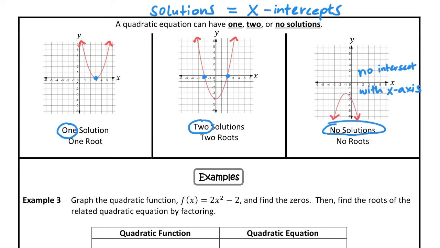No solutions. So in the same way, I can solve the quadratic equation, and sometimes I'll get one root, one x value. One root is one x value. 2 roots is getting 2 x values.